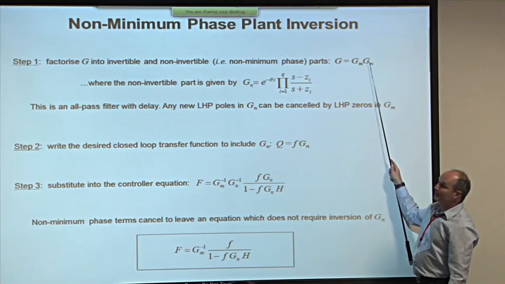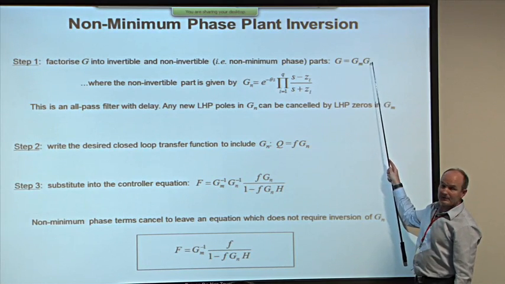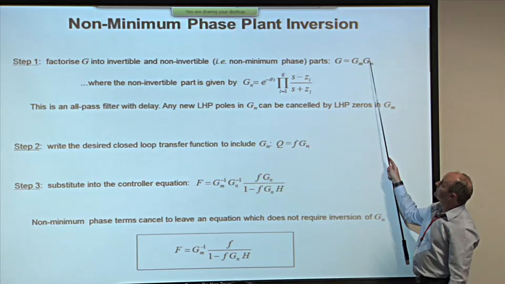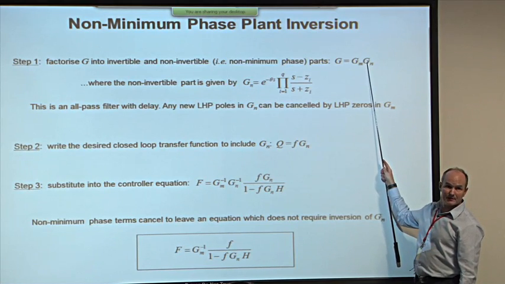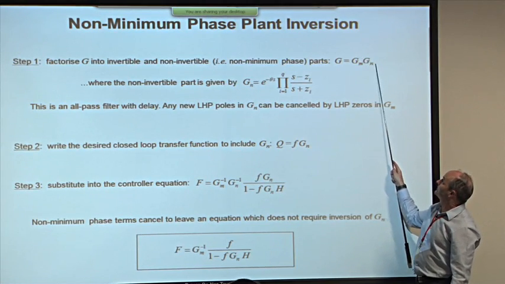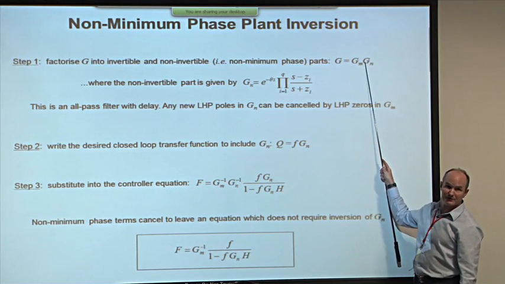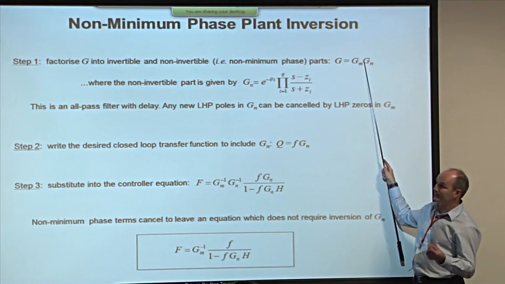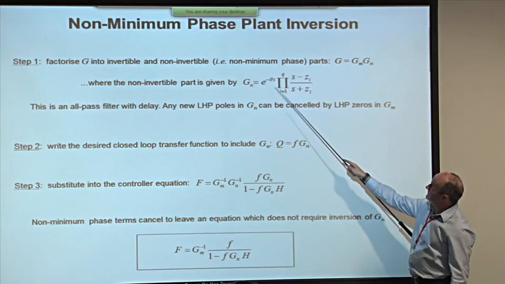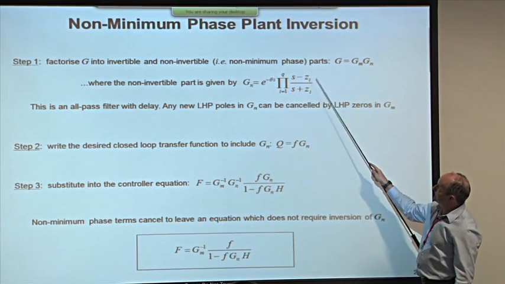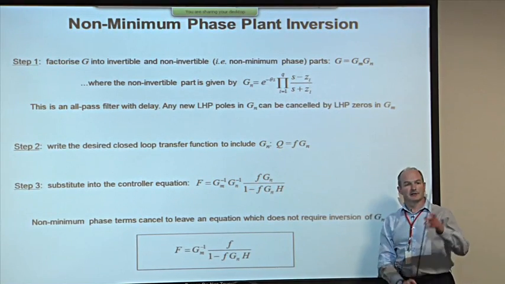Now, if it contains time delay, remember we can use a Padé approximation to represent time delay now. So we can represent G sub n as a non-minimum phase transfer function, even including time delay. And here it is, the time delay and all the horrible stuff down here. Now, the trick is this.